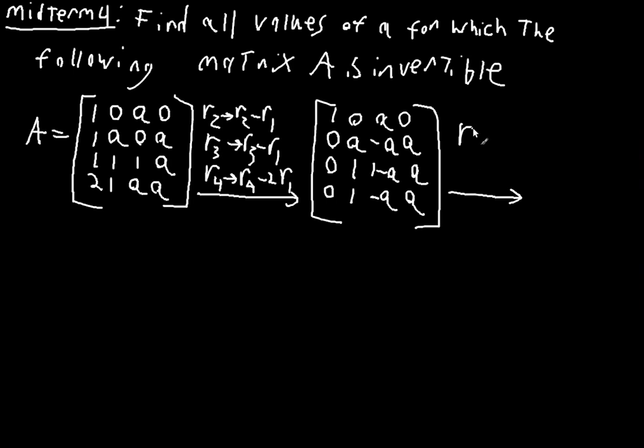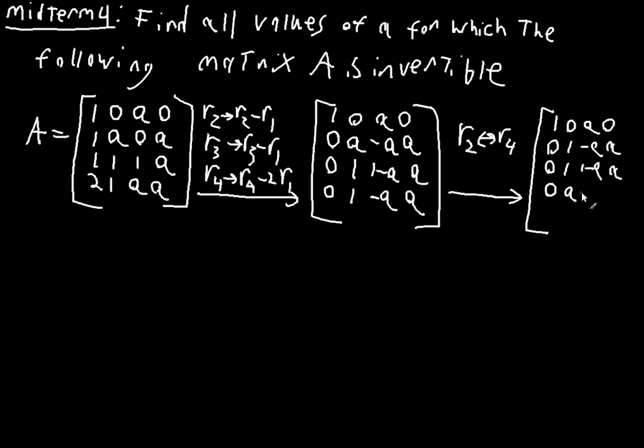So my next step is just going to swap row 2 with row 4. Alright, 1, 0, A, 0, 0, 1, minus A, 0, 1, 1 minus A, and 0, A, minus A.